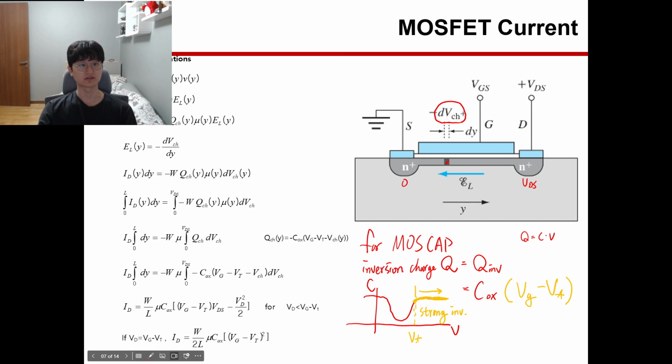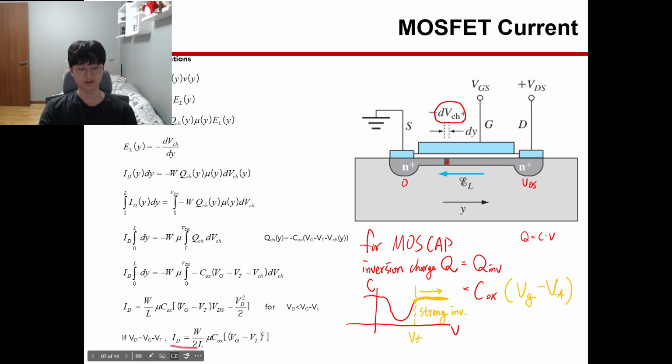ID equals Q. This channel current is the same as the inversion charge, and we calculate this MOSFET current.